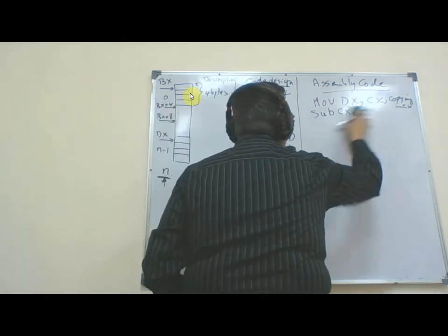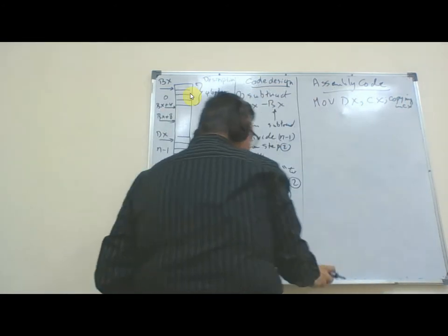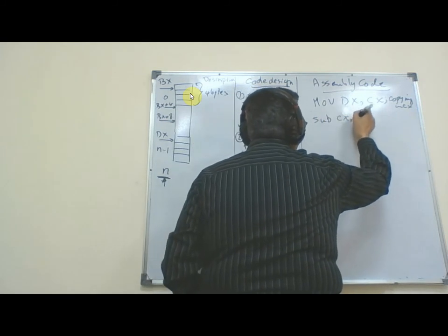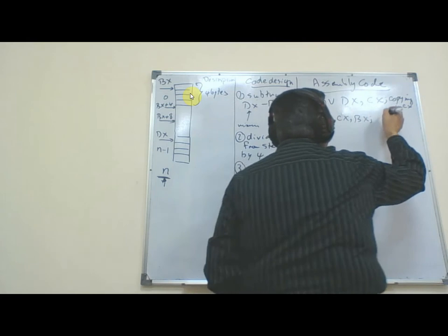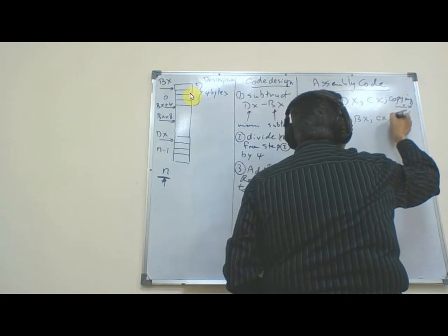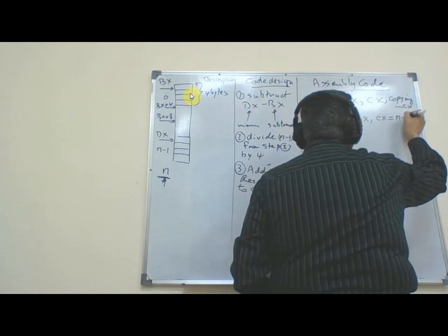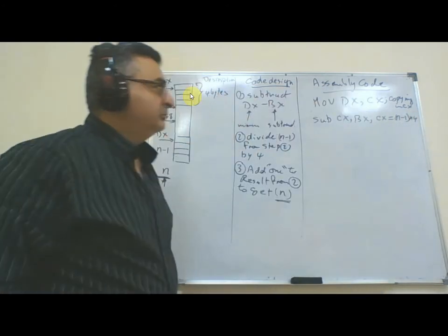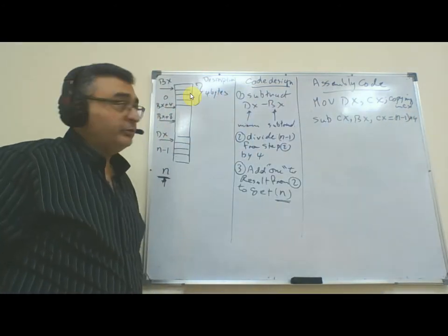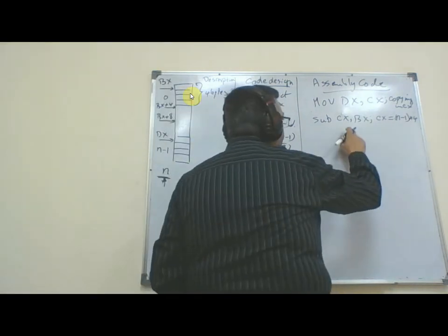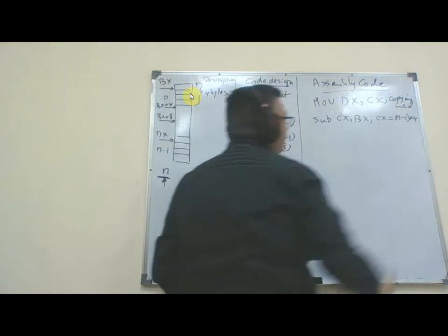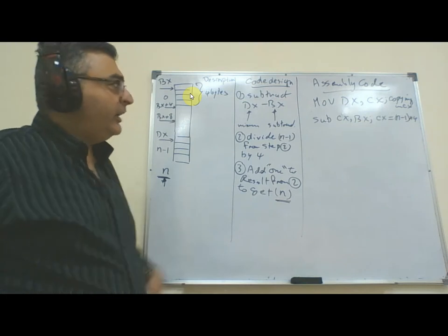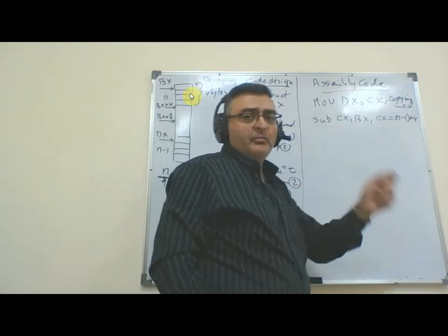Then the second step is to subtract, sub cx, bx. So this actually will put in cx the value of n minus 1 multiplied by 4. Then I have to either make the division first or add 4 to this to get the n and then make the division.